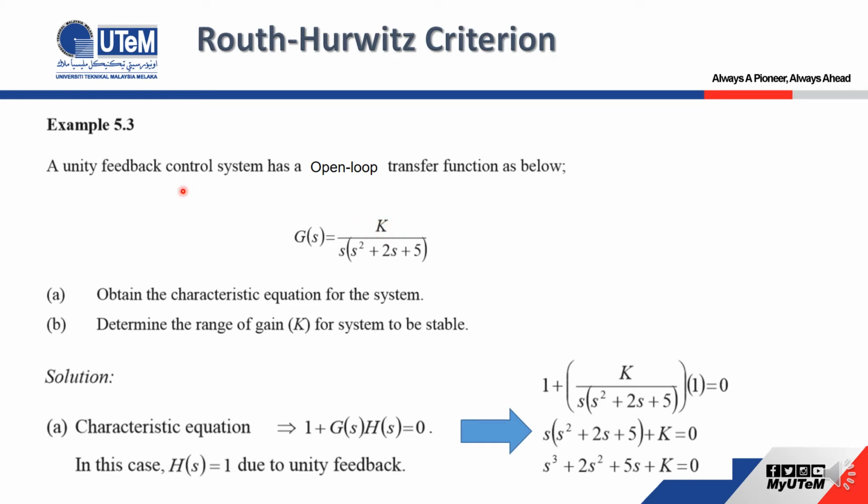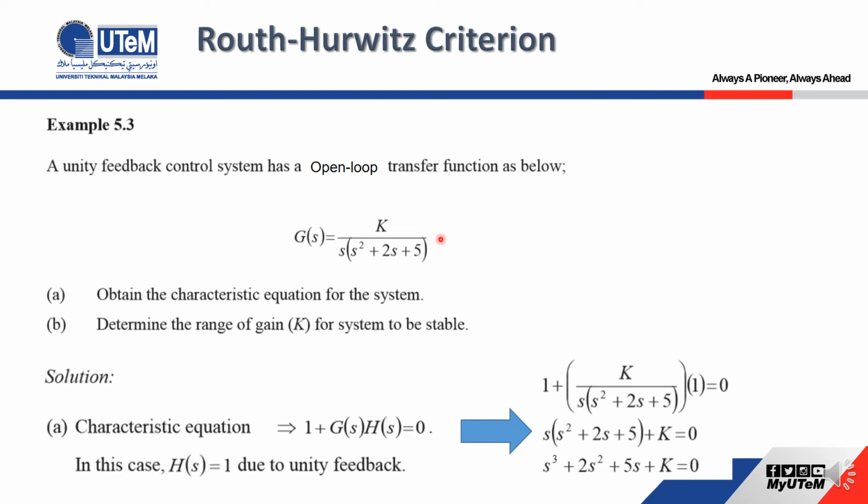So for example, we have a unity feedback control system with this open loop transfer function G(s) equal to K divided by s times (s squared plus 2s plus 5). Before we can analyze the value of K so that the system is in stable condition, first we have to find the characteristic equation of the system.